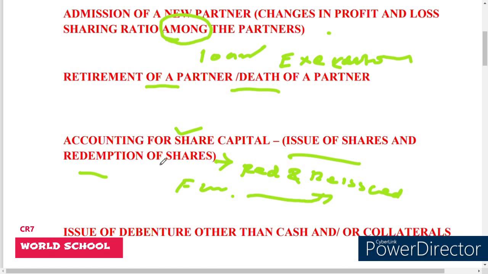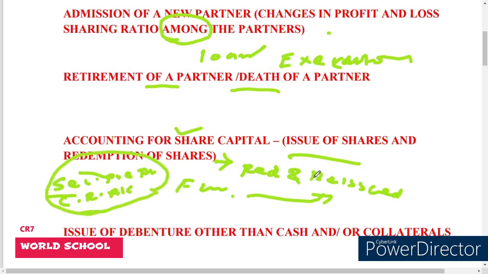The question will fall in this category. If not, they may ask us to prepare the securities premium account and the capital reserve account additionally. In case the question comes in the toughest manner, they may ask from this area.